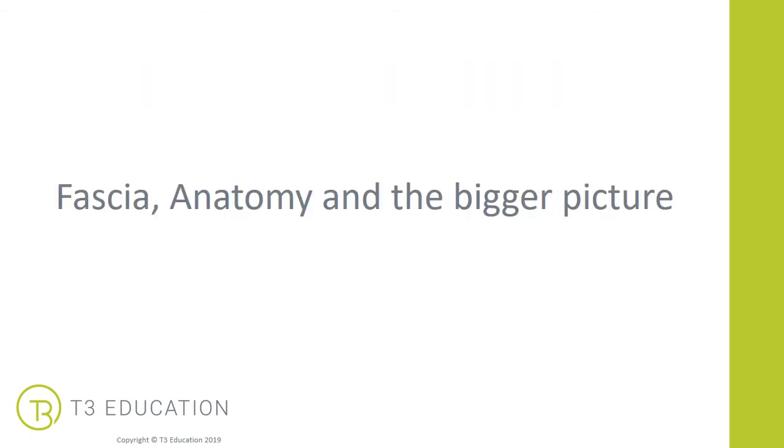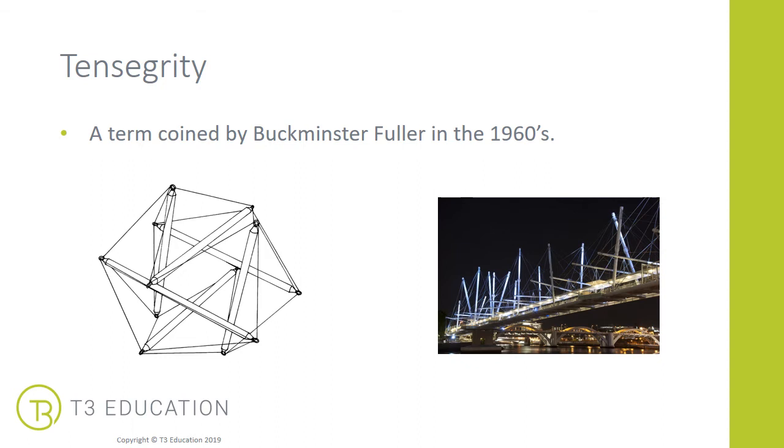So let's take a look at fascia anatomy and the bigger picture, which is the most important thing when we're looking at how our clients are moving and working with our clients. It all begins with the word tensegrity.